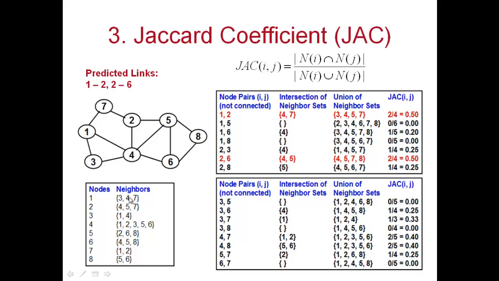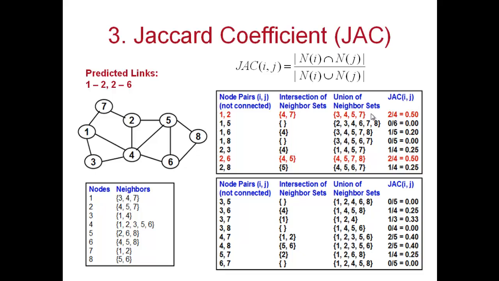Then 5 is not here, include it. 7 is already here, so do not include it. So 3, 4, 5, 7 is the union of the two sets of neighbors of the two nodes 1 and 2. Now all you need to do is, in the formula, just take a ratio, so intersection divided by union. So 2 divided by 4, okay, so that's 0.5.